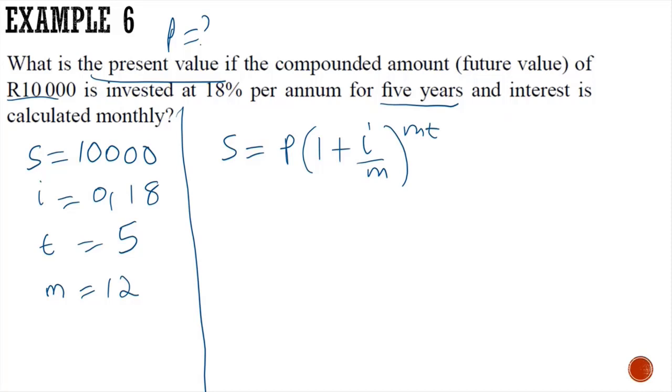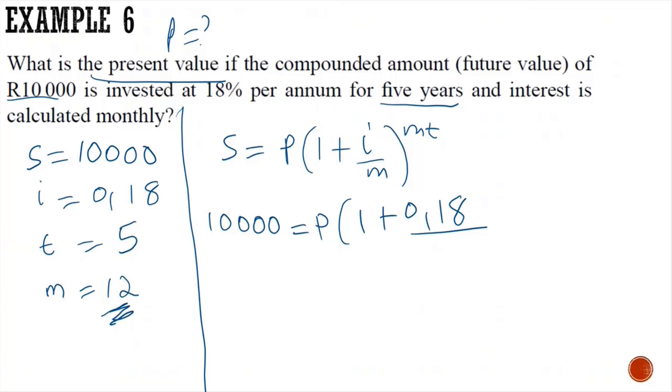So your S is equal to 10,000 is equal to P into (1 plus 0,18 over 12) to the power, and your M is 12 multiplied by 5, because it's compounding monthly.